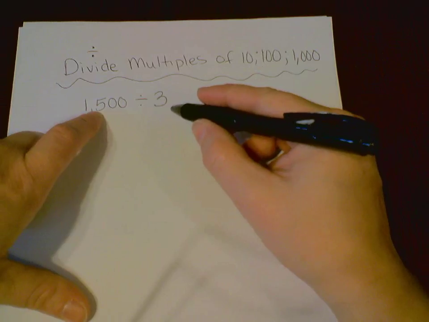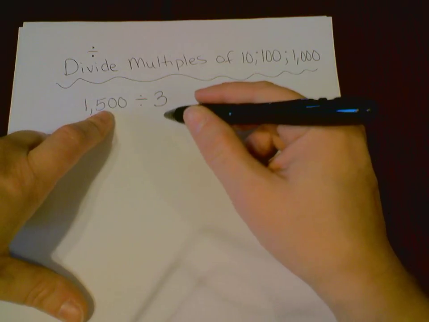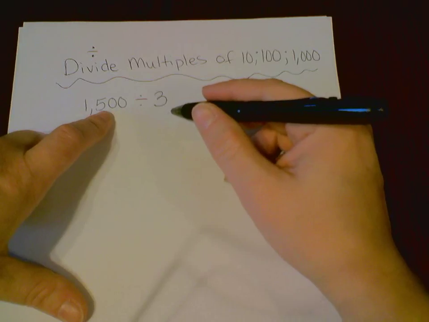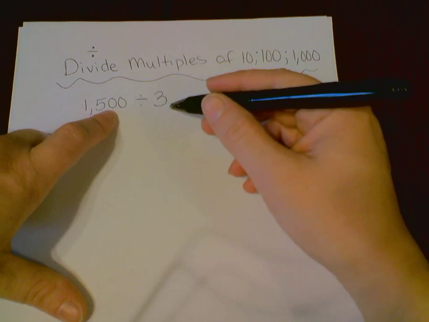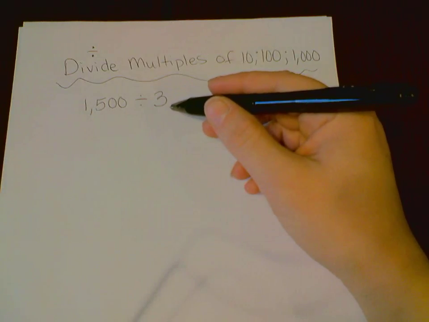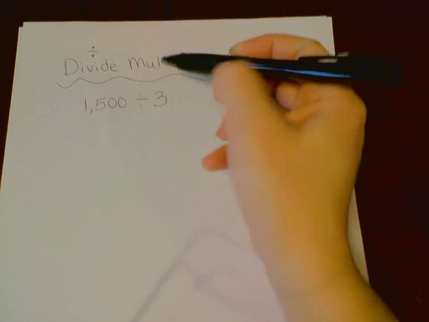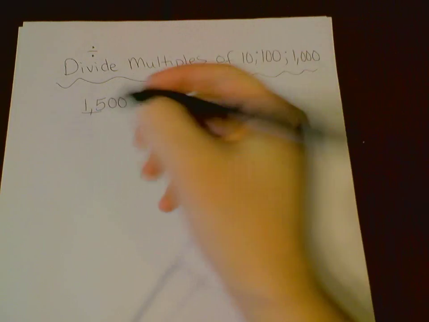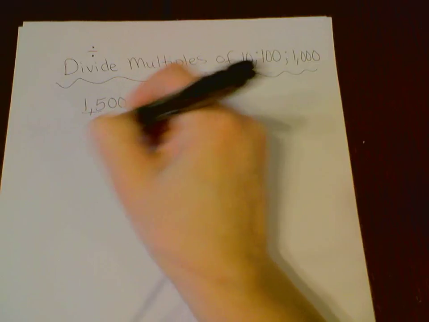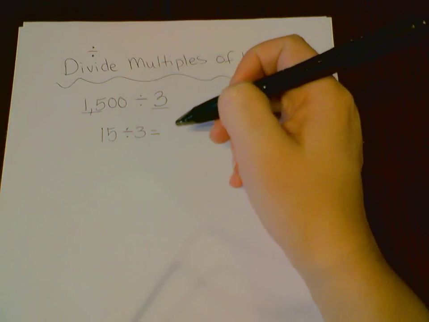This one's dealing with 4 digits, and we will eventually get to 4, so starting with multiples of 10, 100, and 1000 should help us make our way to 3 digits here and then 4 digits eventually. Okay, so let's start out with the math fact that's in here, which is 15 and 3, okay? So let's write that down first. 15 divided by 3, which we know is a math fact, okay?